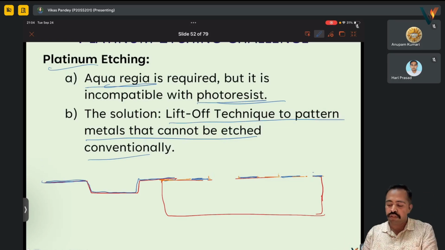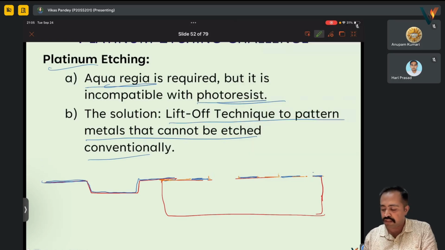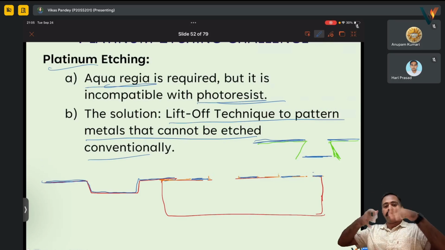So we have to take care that the profile should ideally be something like this, so that when the deposition occurs, the material deposits here, here, and here. Instead of continuity, there will be a breakage.